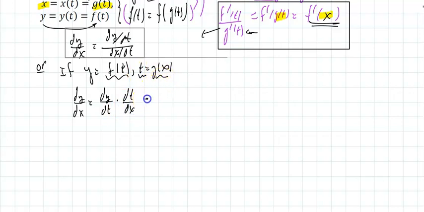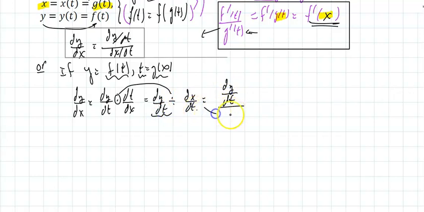I could say dy/dt times the reciprocal, right? If this is a multiplication, can't I say I'm going to divide by the reciprocal? And isn't that saying dy/dt divided by dx/dt? And there it is again.